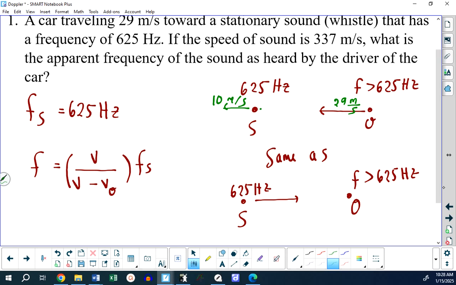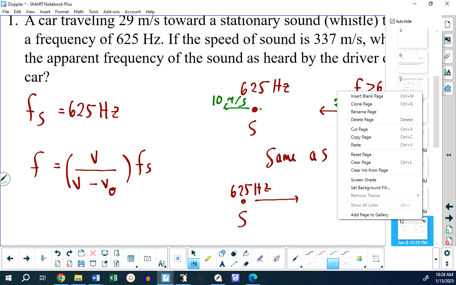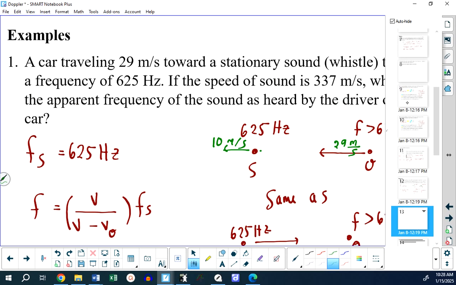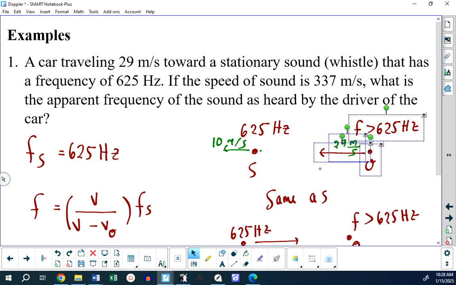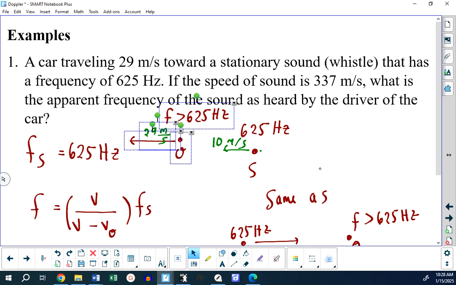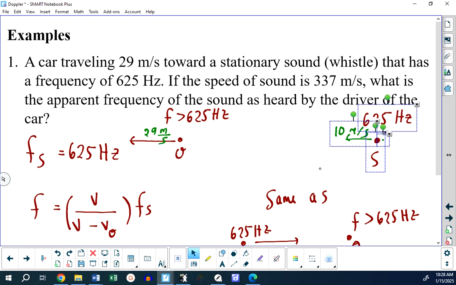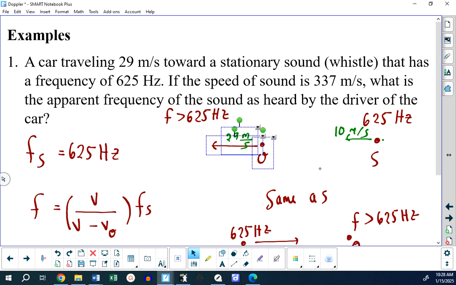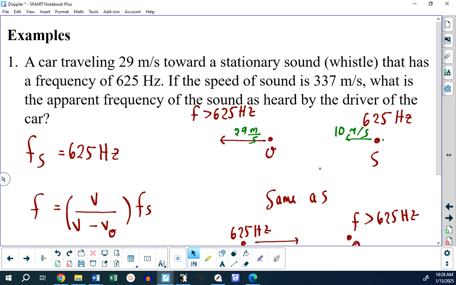If, I want to make things interesting, and we're going to get back to the question in a second, if this were the situation, and it's not, then you would hear a lower frequency because you're getting away from the source.